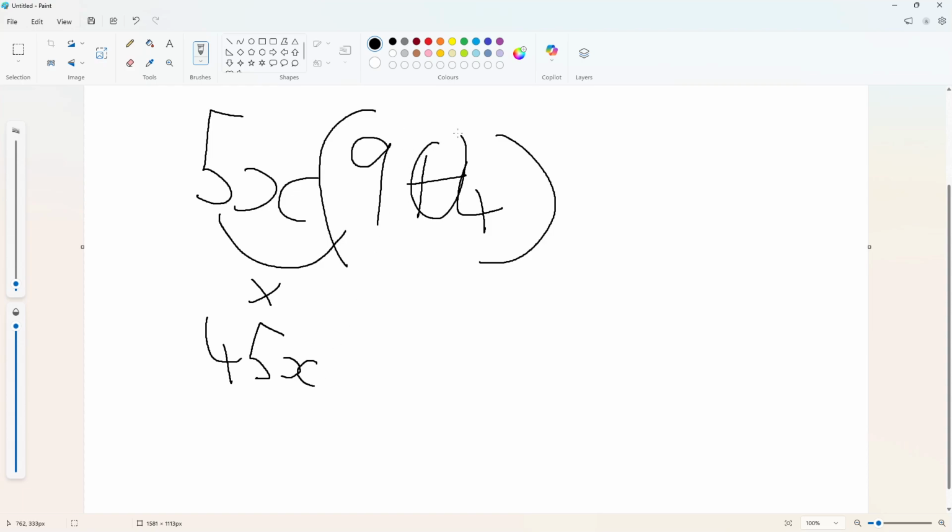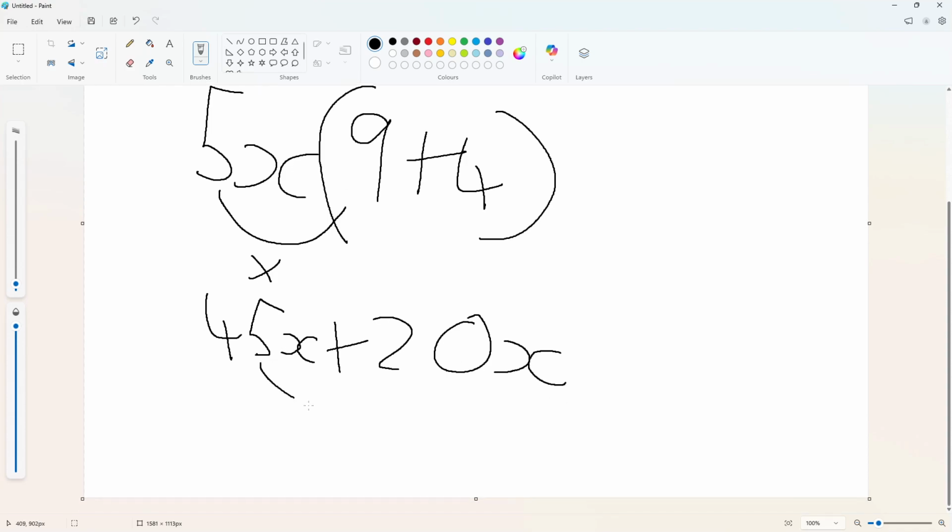Then positive value, it's plus, and then 5 times 4, which is 20. But since the number outside of the bracket had the x, we got to add an x here.